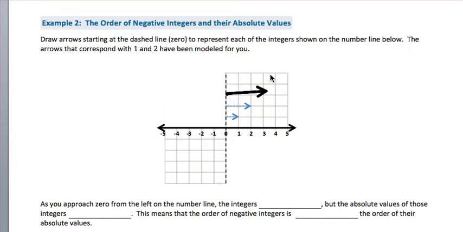And if we wanted to represent 4, we would start at 0 and go to 4, and representing 5 would start at 0 and go to 5.